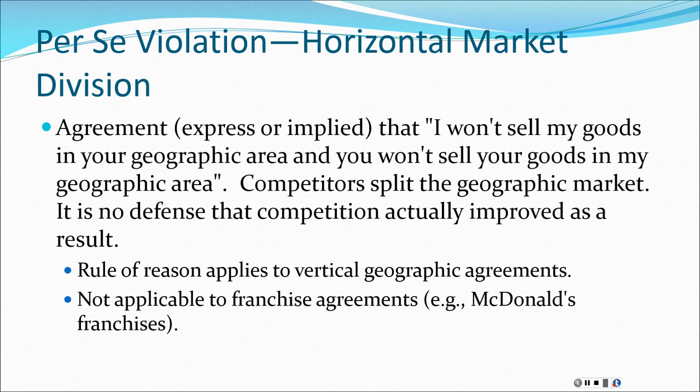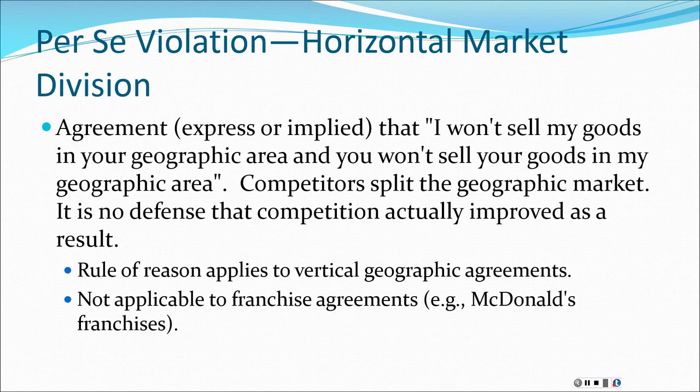In essence, it's a splitting up of a geographic market. The effect here is, by splitting up the geographic market, you necessarily reduce competition. There is no defense that the competition actually improved as a result.